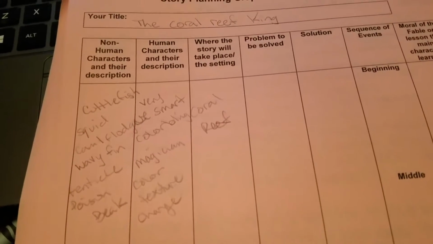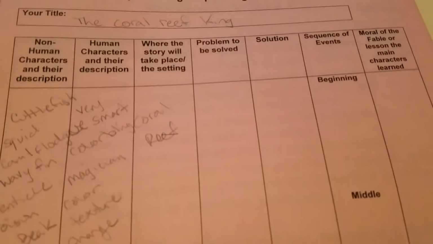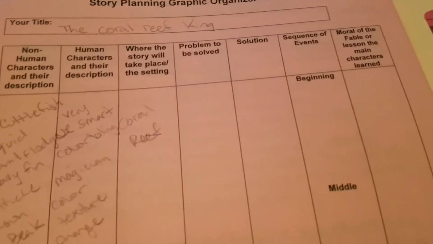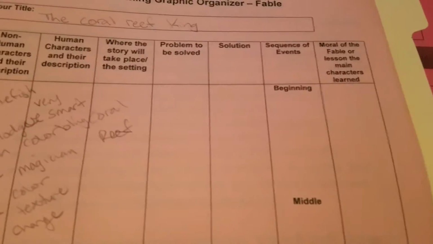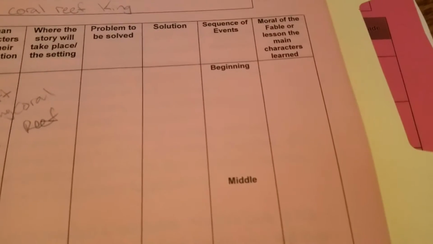And then human characters in the description, there's not going to be any human characters, but I'm going to put human qualities for each one, so the cuttlefish and the feather star. And then where the story will take place is in the coral reef. I'm still determining if I want to do like Australia or Hawaii. And then I'm going to give a problem to be solved, the solution, and the stuff that happens in the beginning, middle, and end, and also the moral of the story or the lesson learned.